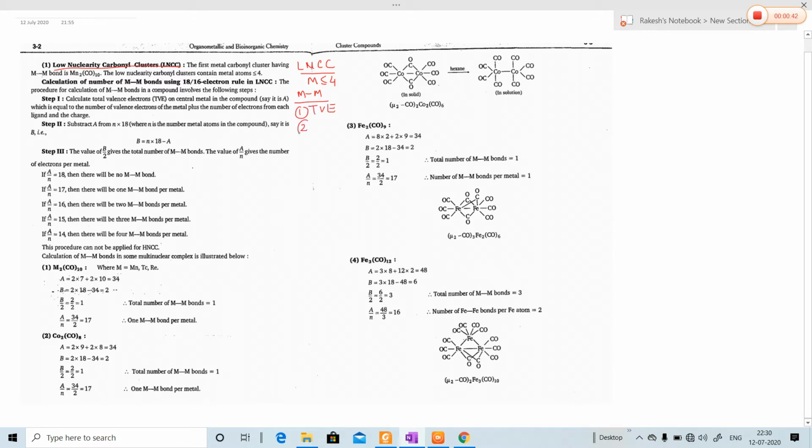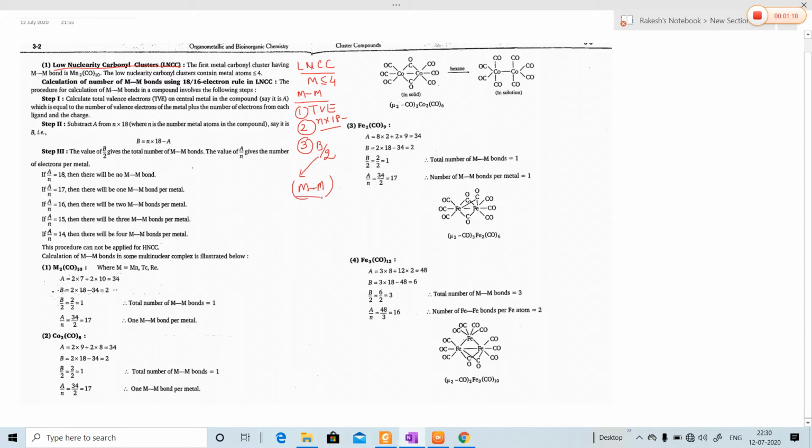In the second step, we have subtracted the total valence electron from the term n into 18, and in the third step, the number of electrons obtained in the second step is divided by 2, and that term will give the number of metal-metal bonds in the complex.